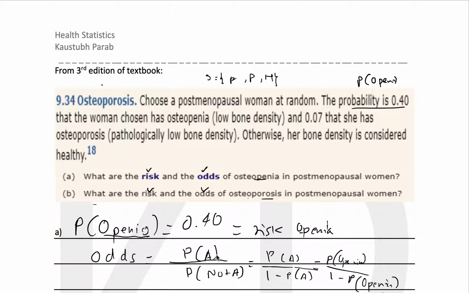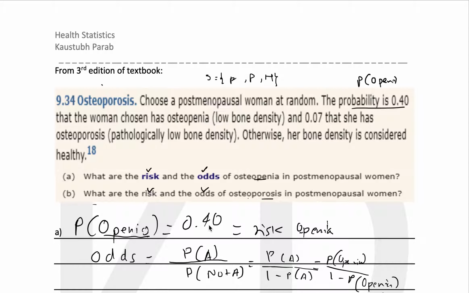So that is the probability of A divided by the probability of not A. The probability of A in this case is osteopenia, because we are looking at osteopenia. So that will be the probability of osteopenia upon 1 minus the probability of osteopenia. Right? Because we are saying that it could be anything but not osteopenia. That's why we are dividing it by 1 minus the probability of osteopenia.